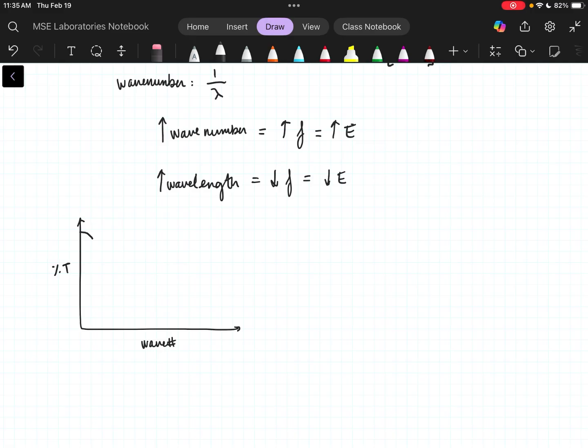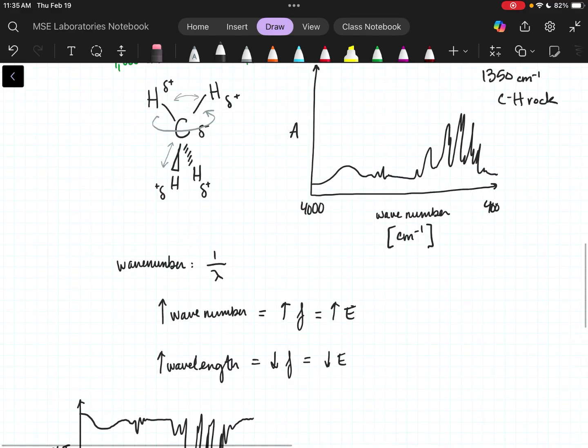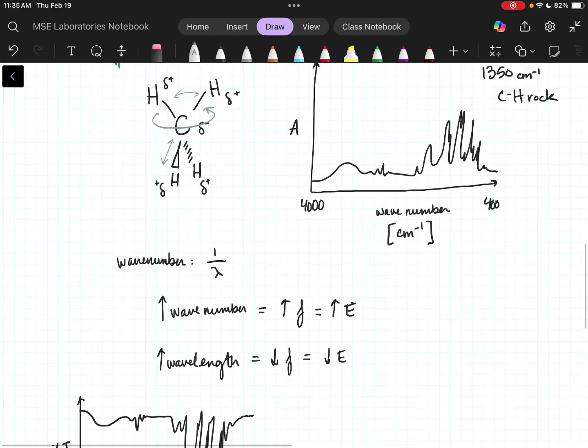If I were to draw the percent transmittance versus wave number, it would look the same, but it would be opposite.